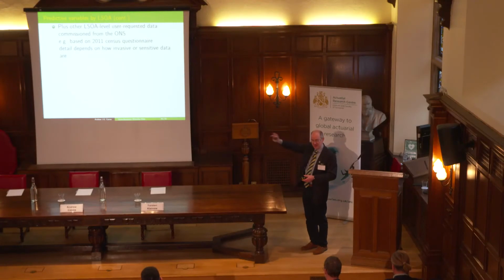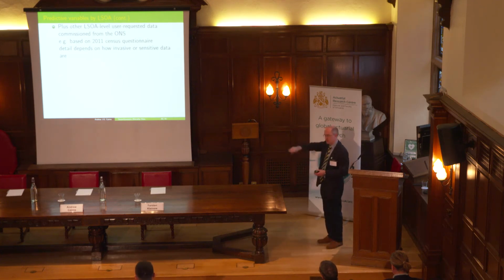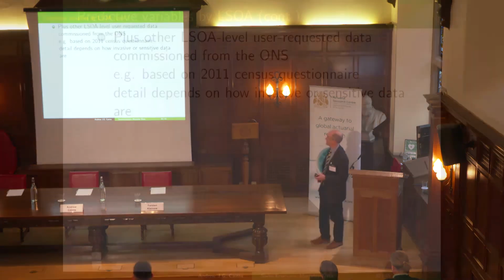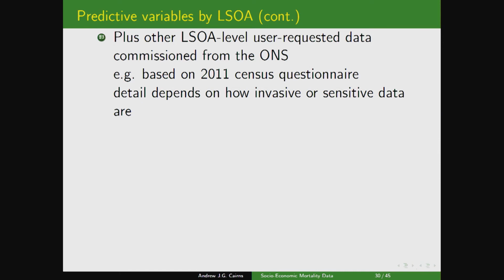And then lastly, if there's a particular question in the 2011 census that's maybe not been covered by those, you can put in a user request for data from the ONS that will do a head count from the last census. How much detail you get is going to depend on how sensitive the ONS think the question is, and the answers that they might give back.